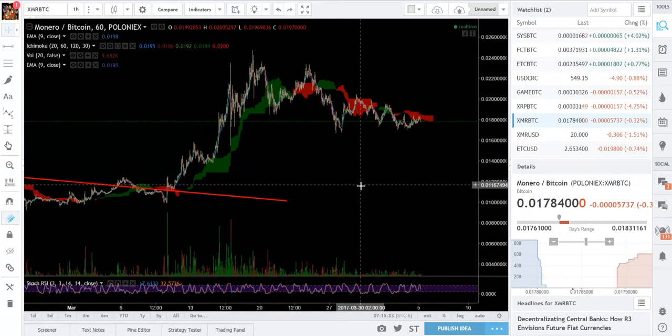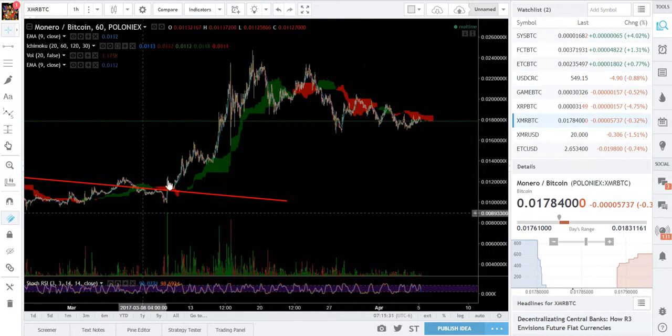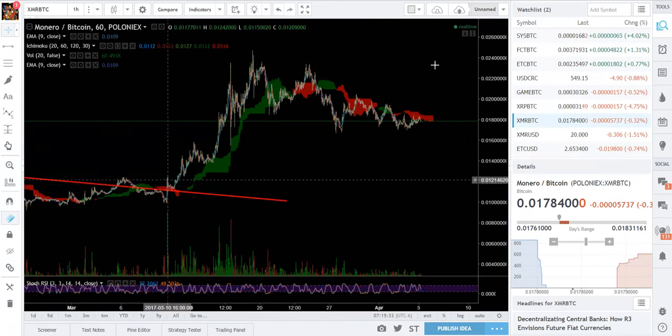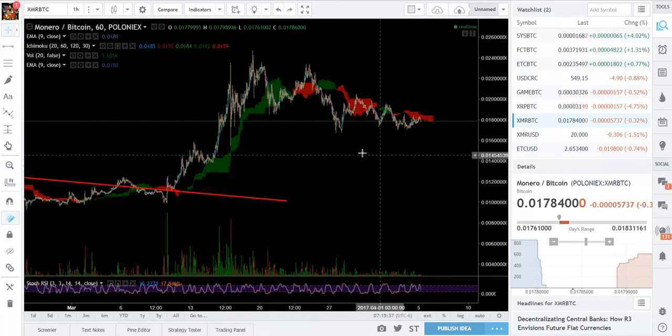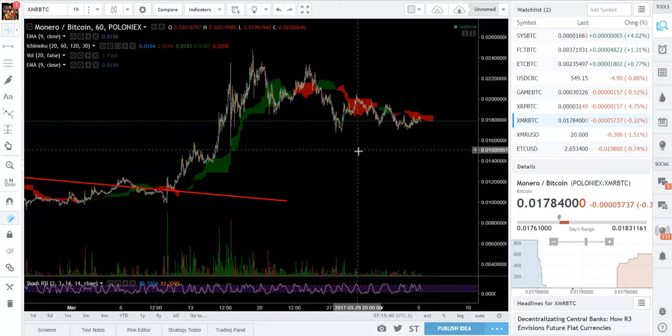It's really hard to get time exact on a lot of these moves, because when something impulses like this, it's showing us that this could grow to a certain potential level, but we don't know how long it's going to take to get there, because we don't know when the money's going to come in, or who's going to buy what, if that makes sense.